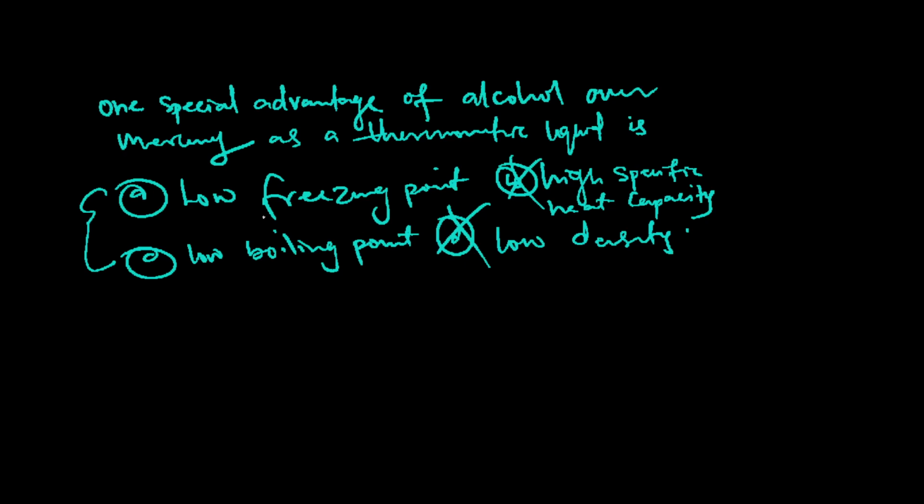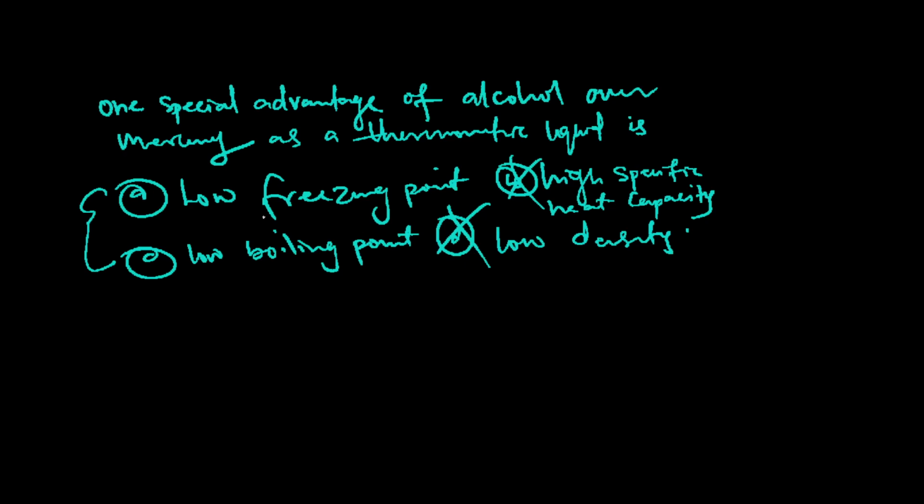So I think this question is like one special advantage of mercury over alcohol. Then the correct answer is going to be what? If the question is one special advantage of mercury over alcohol as a thermometric liquid, what will be the right answer, with the explanation that I gave earlier? A. Low freezing point.